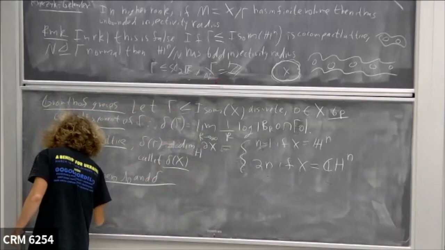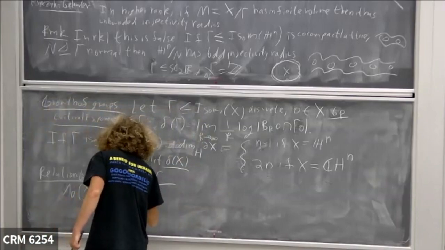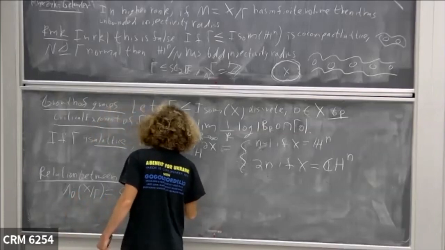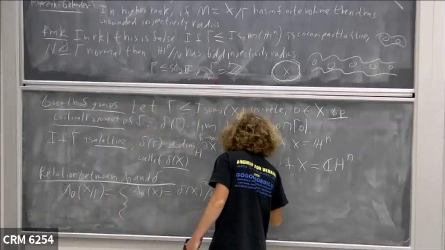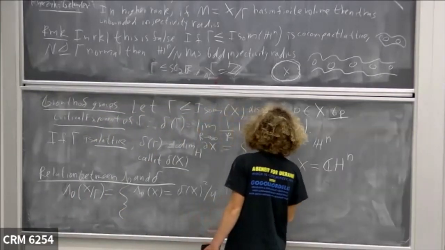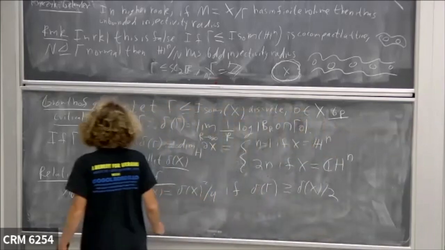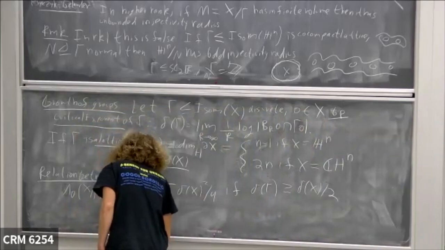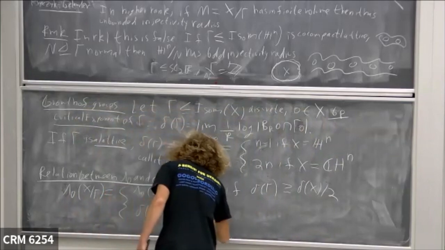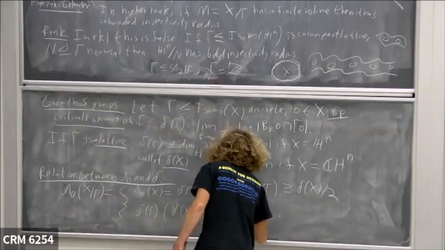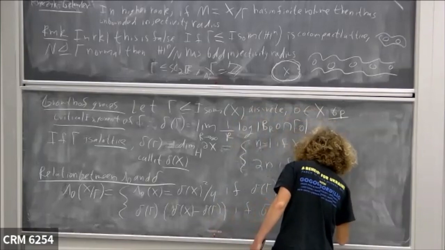Lambda 0 of X mod gamma is equal to lambda 0 of X, which is delta of X squared over 4, if delta of gamma is greater than or equal to delta of X over 2, and it's equal to delta of gamma times delta of X minus delta of gamma if delta of gamma is strictly less than delta of X over 2.